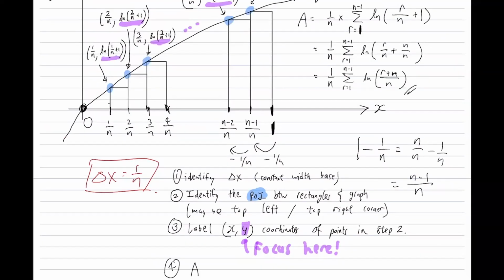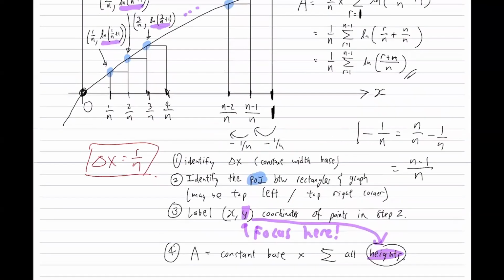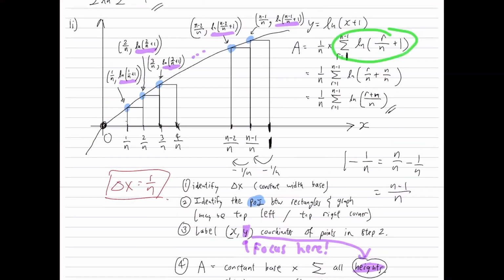A will be equals to constant base multiplied by summation of all heights, where the heights is the purple color y coordinate. Okay, right? The y coordinate is the height. Then after that is just algebra, equals algebra all the way. And you need to know how to form your own pattern. This one, case by case basis.